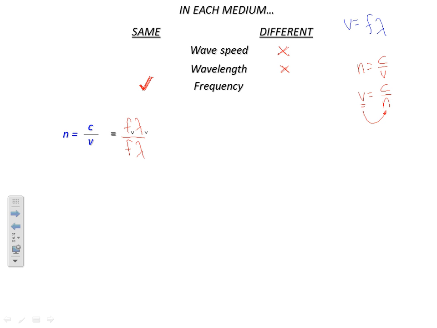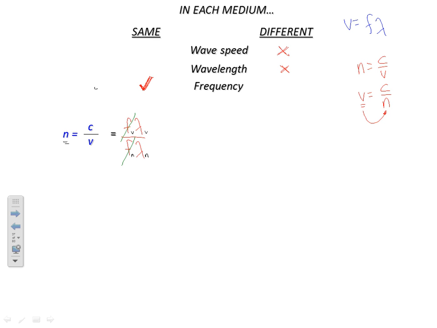And I'm going to write this v is f_n lambda_n, the frequency in a substance with index of refraction n, and the wavelength of the wave in a substance with index of refraction n. But remember, the frequencies are the same, so these two things can go away. They are equivalent.